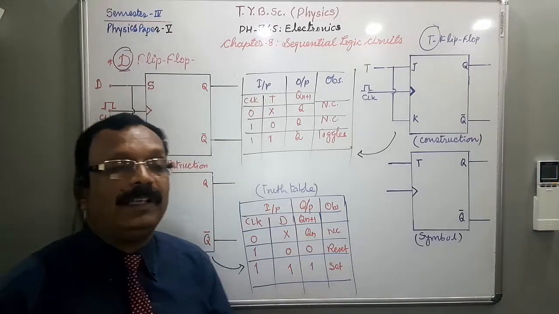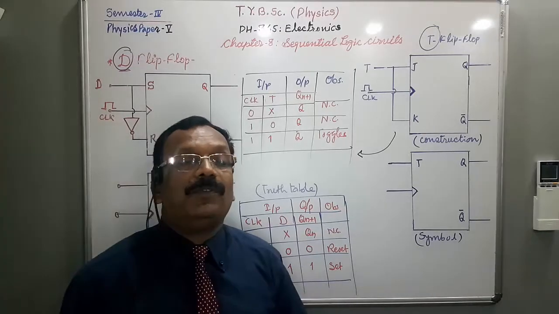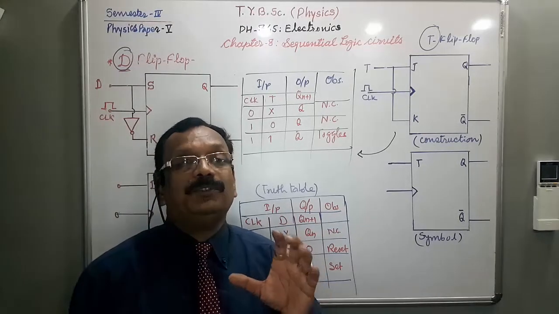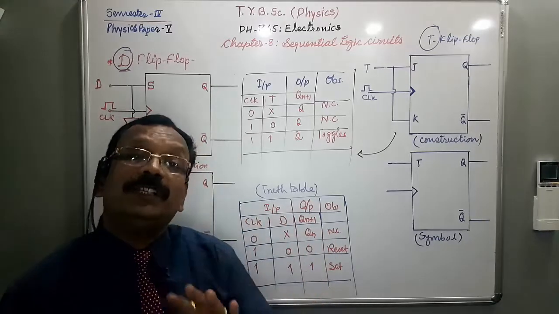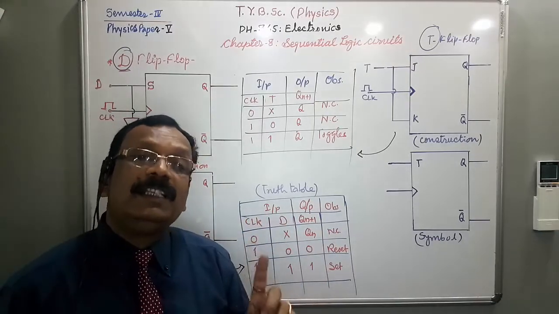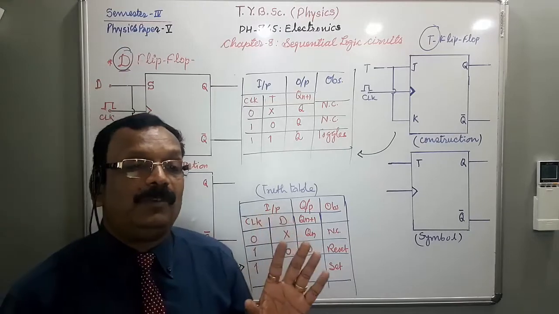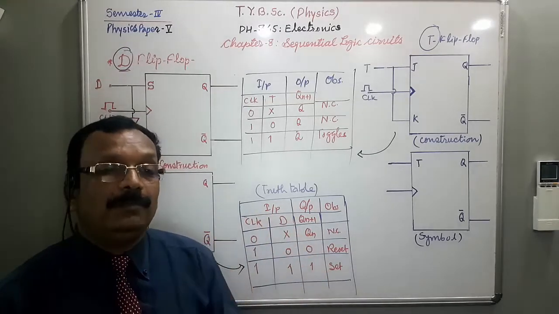I am again going to tell you that in RS flip-flop, when both the inputs are low, active low, or 0, then the output is invalid.